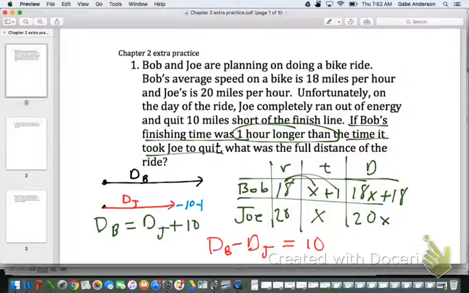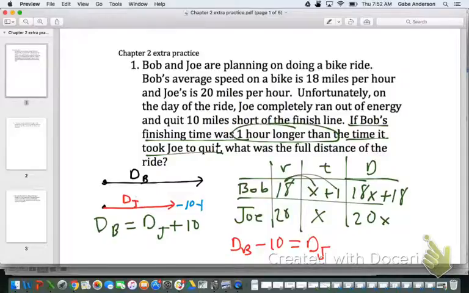That would also work. And then the thing that maybe Christiana was getting at earlier, you could say distance of Bob minus 10 equals distance of Joe. That's another way of putting it. It's another true statement. It looks a little different than what we put, but it's really the same thing, just slightly rearranged, right?